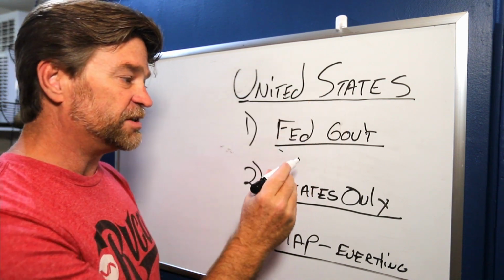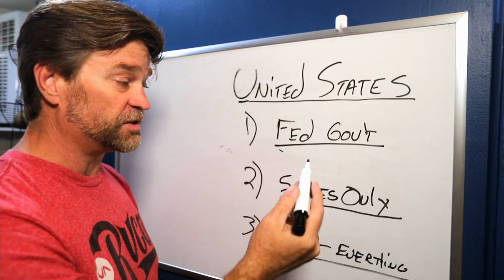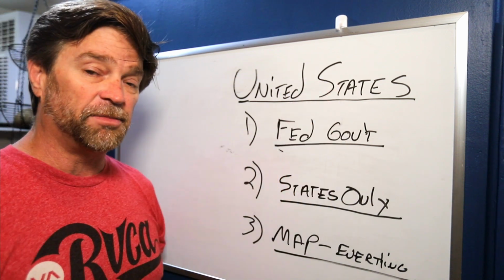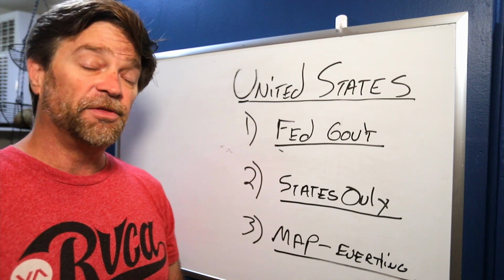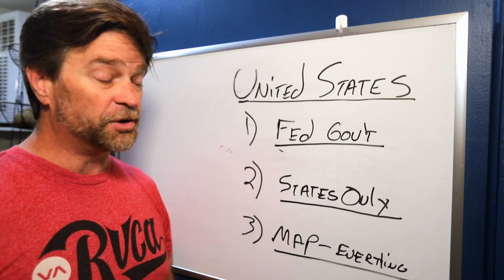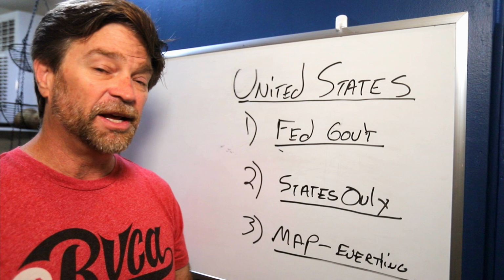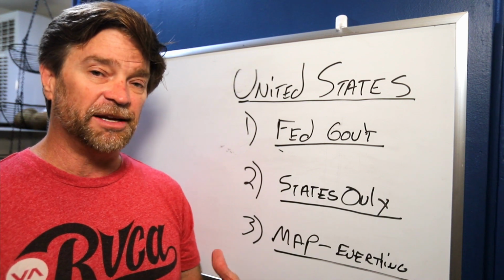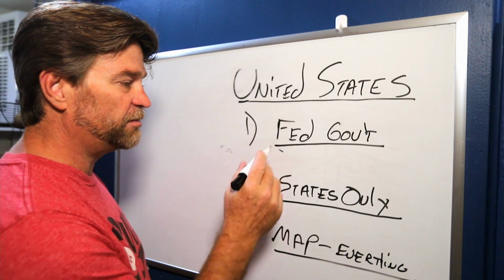The United States can be transposed with using the term federal government when you see this in code. For example, California Commercial Code 9307H says the United States is located in the District of Columbia. You can flip that to the United States, use the federal government. The federal government is located in the District of Columbia. Does that make sense? Absolutely makes sense.